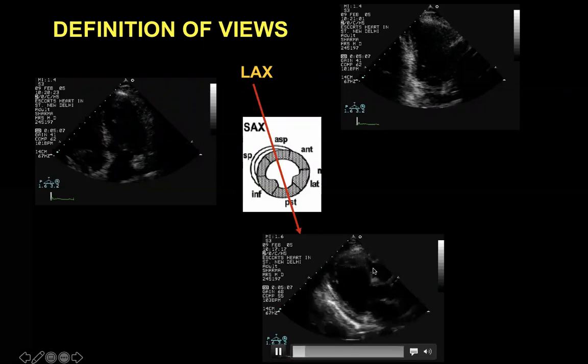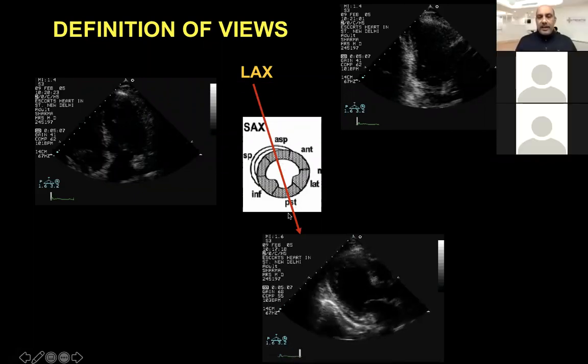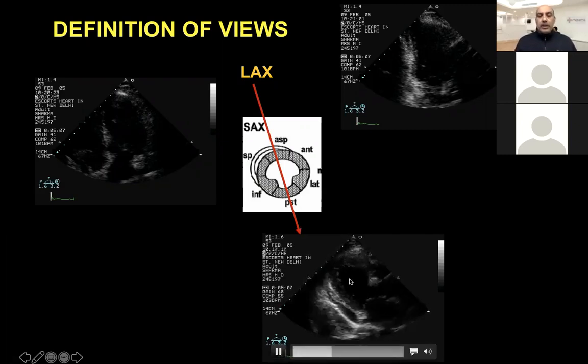This part of the septum, which separates the right ventricle and the left ventricle, is the anterior portion. You can see here we have the posterior wall. So in the parasternal long axis view, the portions of the ventricle we look at are the anterior septum and the posterior wall.